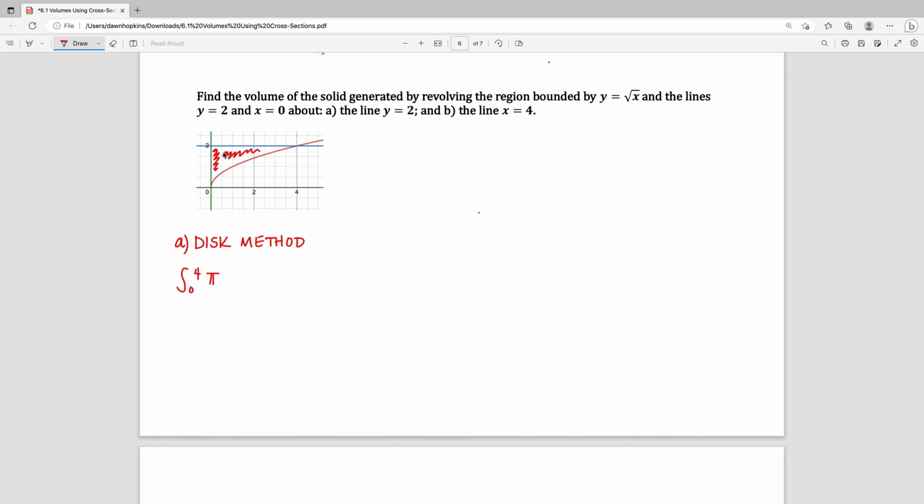Now, in this case, to find the radius, it's the distance from the blue line to the red curve. That distance is going to be 2 minus the corresponding point on that red curve, and the corresponding point on that red curve is going to be the square root of x. So we're going to have 2 minus the square root of x as our radius.